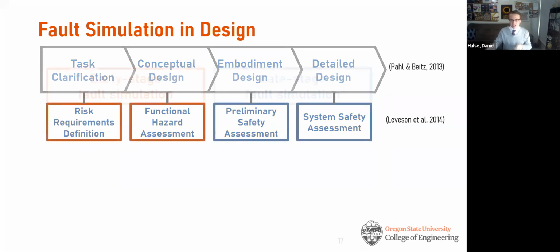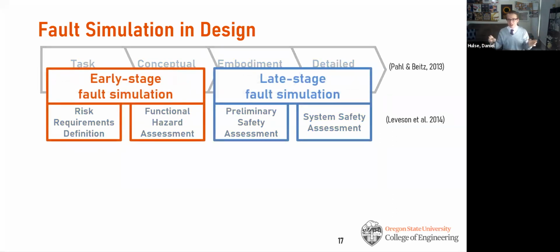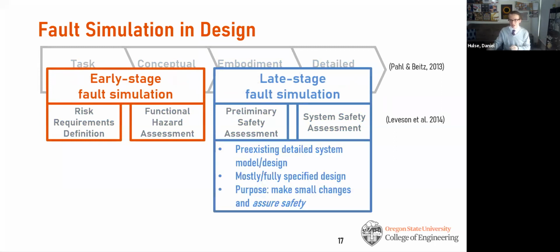And to put our work in context, we can put these in two different types of simulations. Those would be early stage fault simulation and late stage fault simulation.